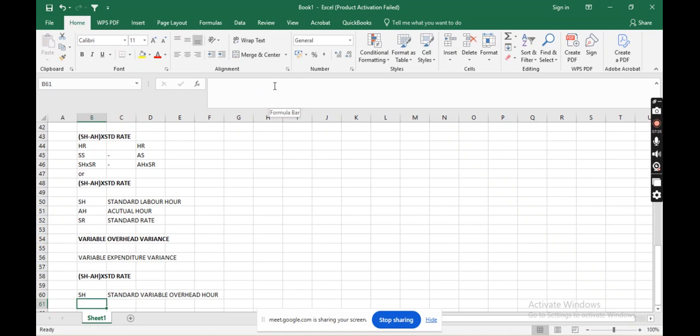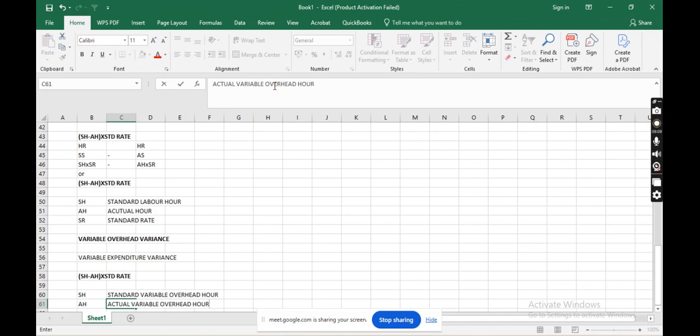Class, that is the standard variable overhead, right? The actual variable overhead hour.